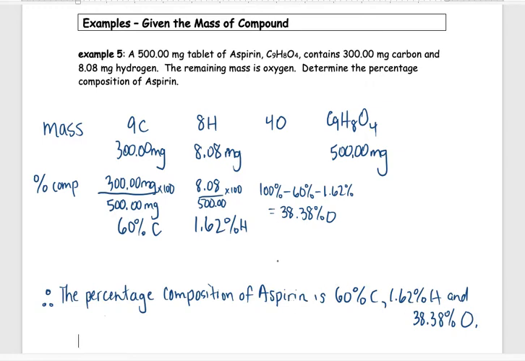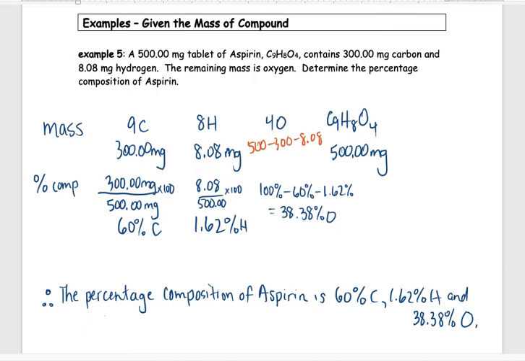Some of you may have been looking at this and thought, is there another way we can do this? Right? If we know the total mass is 500, we have 300 for carbon, 8.08 for hydrogen. Can we go 500 minus the 300 minus the 8.08? Yes, you can do it this way as well.